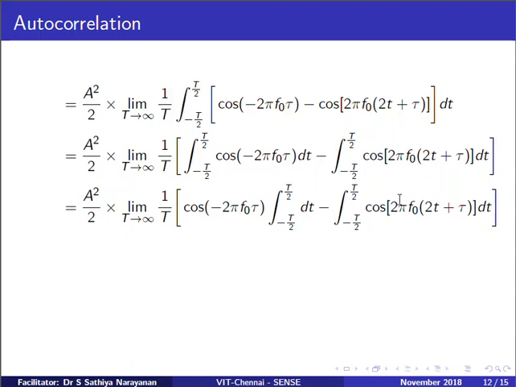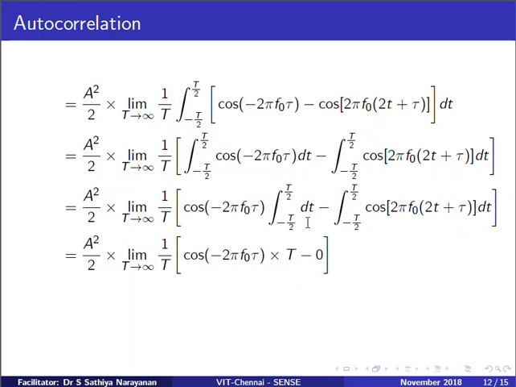In the second integral, we are not disturbing it. We will just keep it as such, because we know very well that when a cosine is integrated over a symmetric limit, minus T by 2 to T by 2, this will result in 0.